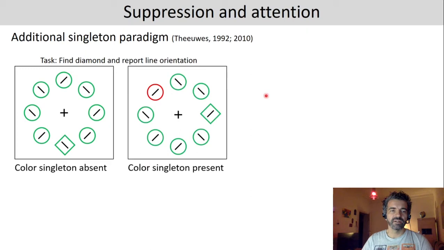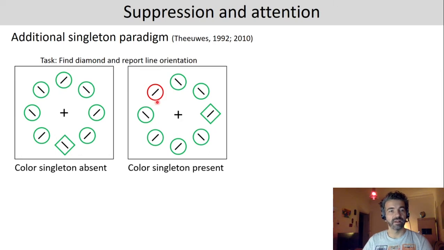And in other trials, you would see that in addition to the diamond-shaped target and the relatively easy to ignore distractors, because they are the same color but a very different shape, there is an additional singleton. This is a color singleton because it's the only element with that color.